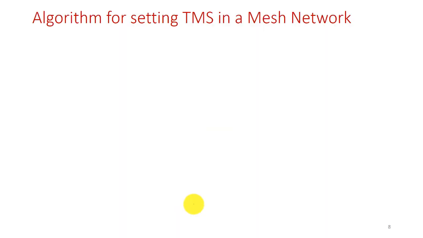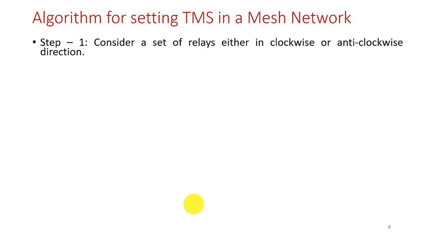There is a general algorithm for setting TMS in a mesh network. Let us see that algorithm. In step 1, we consider a set of relays either in clockwise or in anti-clockwise. First we set the clockwise, then we set the anti-clockwise.